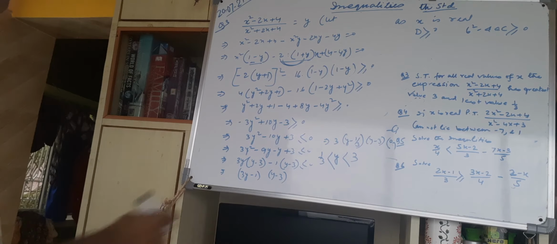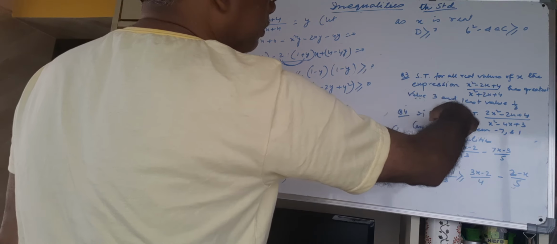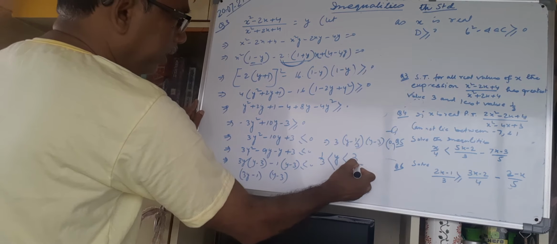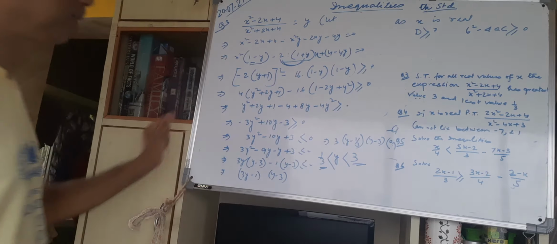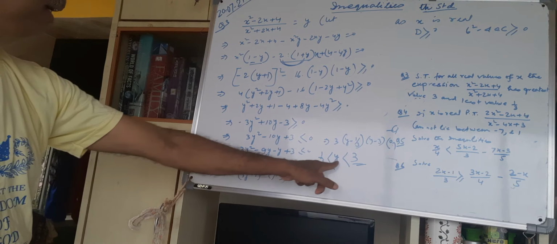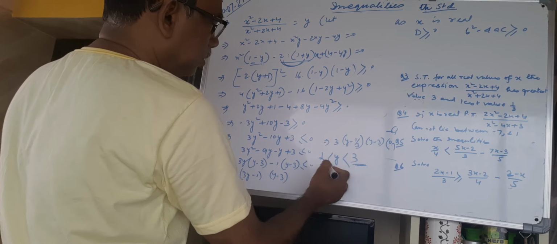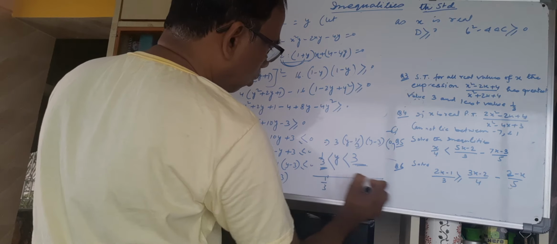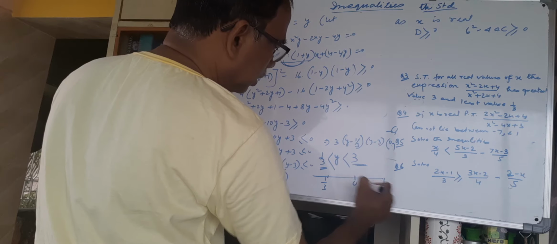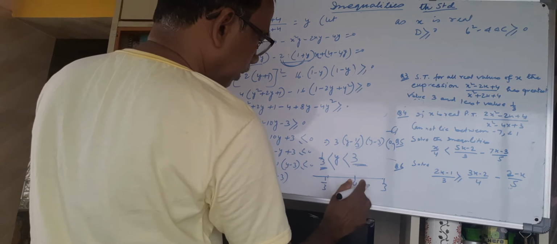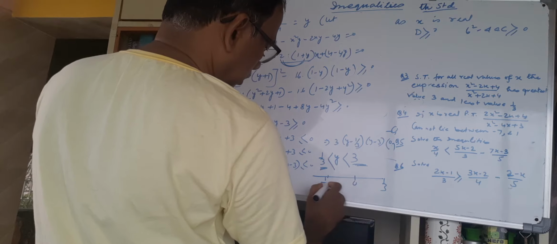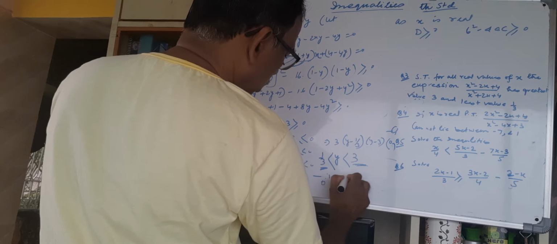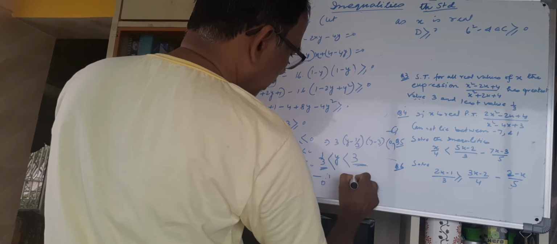This is our required range. Here greatest value is 3 and least value is 1/3. On the number line, this is 0, this is 1/3, this is 3.